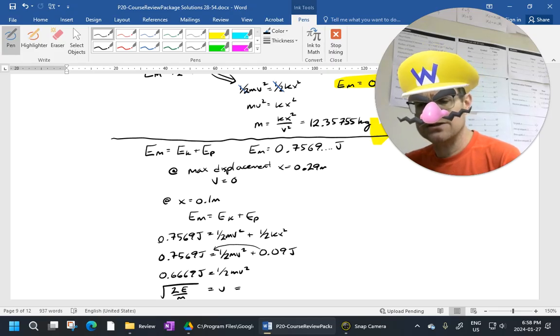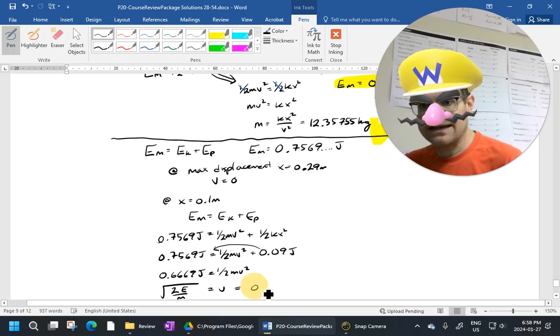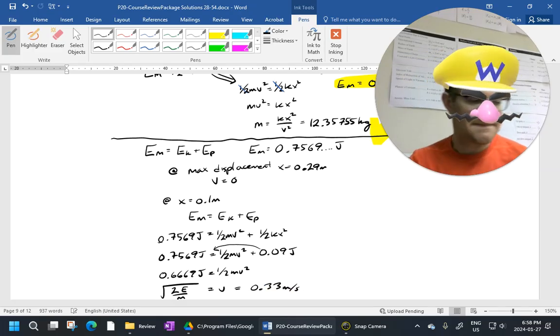This is a big question. It's probably why it's the last question. I don't know. And we can find that its velocity at this very specific time is 0.33 meters per second.